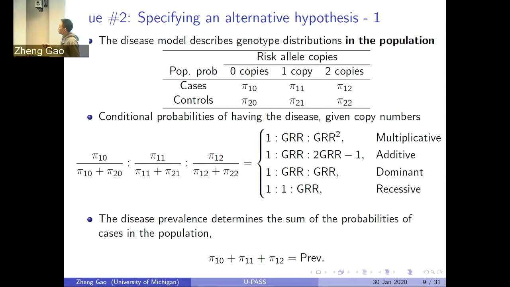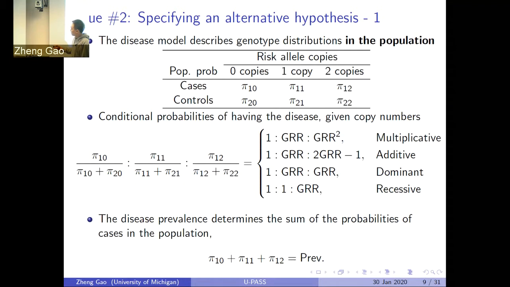But in these disease models, each column tells you how many copies of a genetic variant there are in one person, because you have a pair in every single person. You could have 0 or 1 or 2 copies of the so-called disease-inducing genetic variant. So now you could tabulate these in a 2x3 table instead of a 2x2 table. That's what the disease model is.